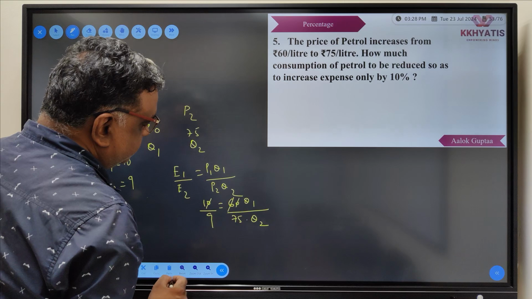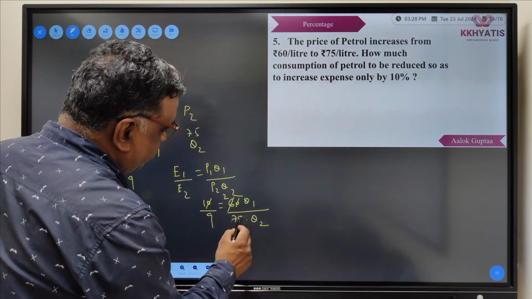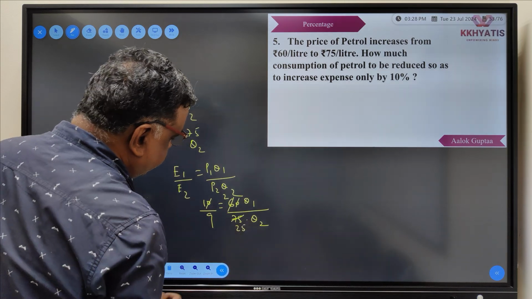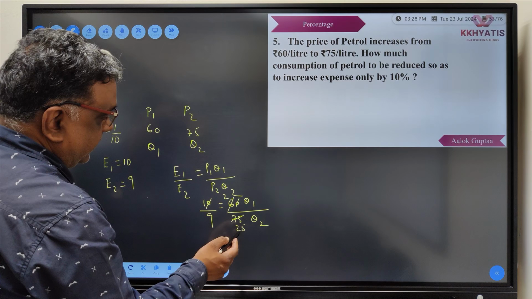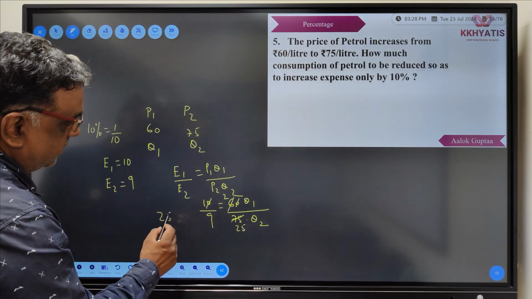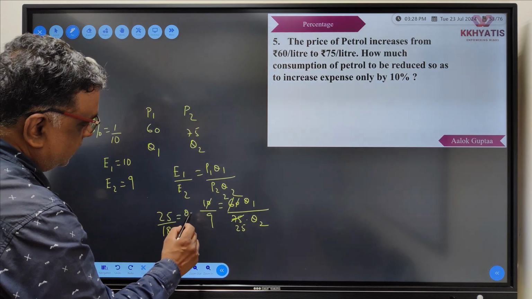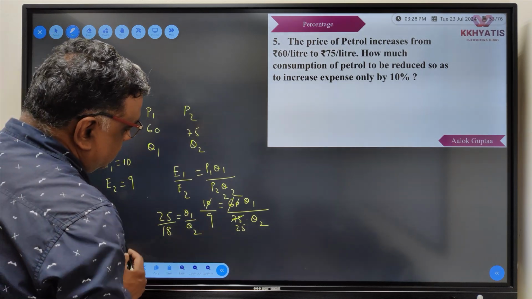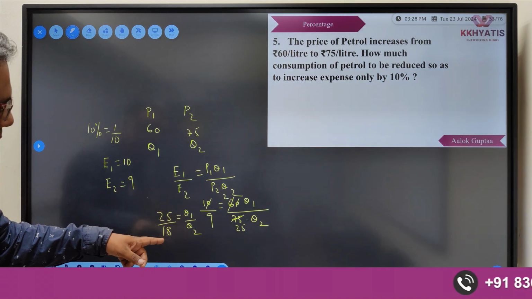I can calculate this by dividing by 3: 60 divided by 3 is 20, 75 divided by 3 is 25. So I can take 25 here, and 2 down here, 18. So Q1 upon Q2, the ratio of earlier consumption and new consumption, is 25 upon 18.